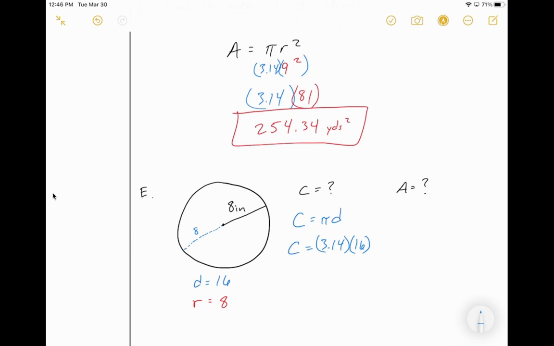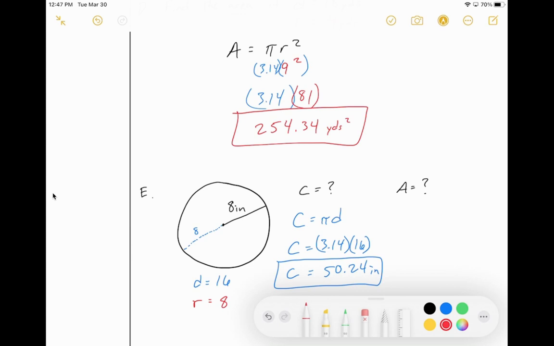So if the radius is 8, the diameter is 16. I put that in my calculator, 3.14 times 16. And again, use a calculator. Don't try to do it by hand. It's a waste of time. I'm going to get 50.24 inches. What do you think? So far, so good?